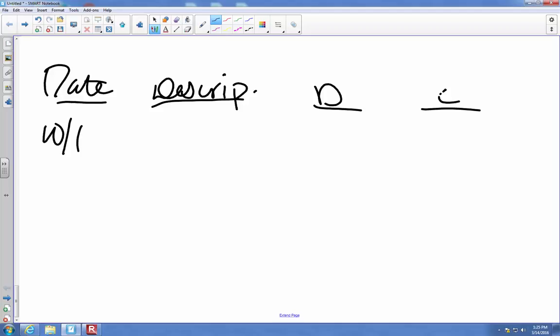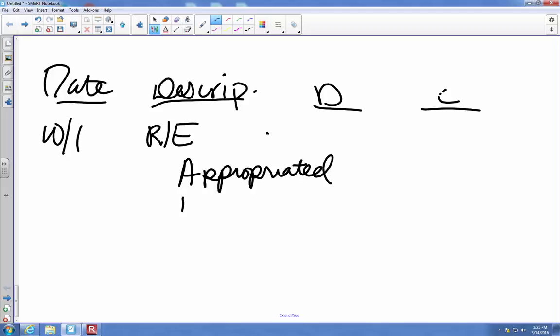A credit. So I'm just debiting my regular old retained earnings, and I'm setting up an account called appropriated retained earnings for whatever it is. Plant expansion, treasury stock purchase, contingency payment.